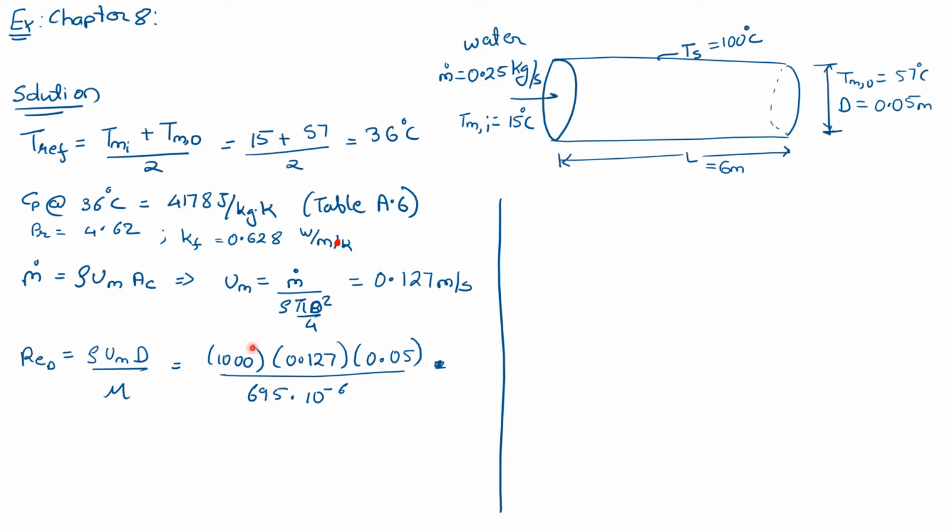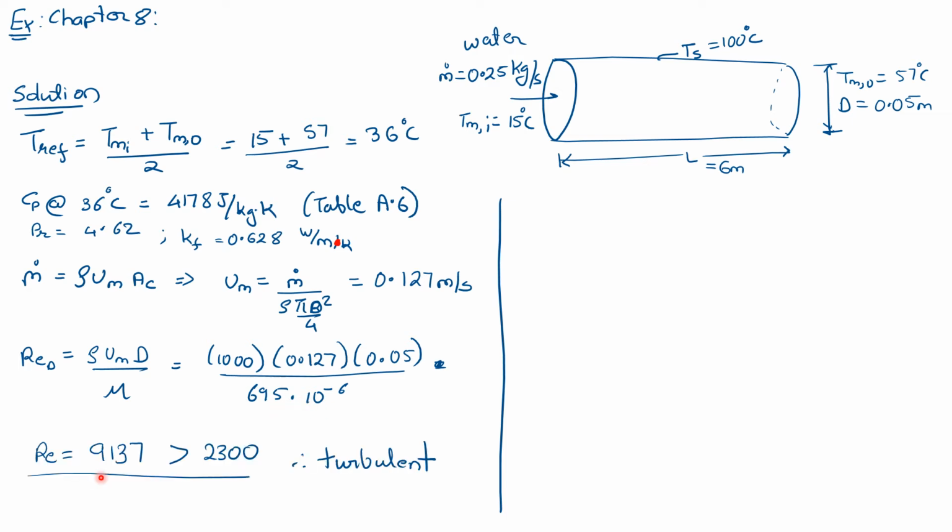So entering the values, we have density as 1000, the mean velocity is 0.127 meters per second, diameter is 0.05 meters, and the viscosity is 695 times 10 to the power minus 6.